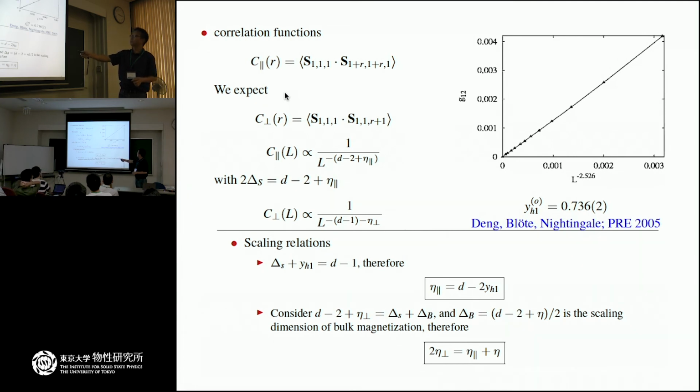This is C parallel of r. And this, sorry, I made a mistake, it should be here. This C perp is the surface spin correlated with a spin deep in the bulk, so it's vertical.